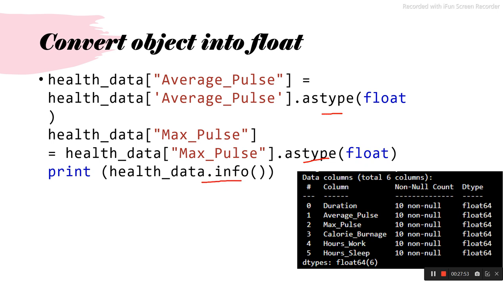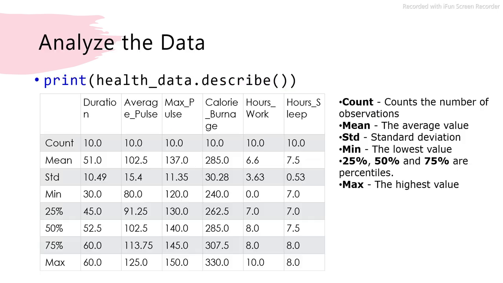Again I am giving health data.info, and you are getting the output as average pulse floating and maximum pulse also floating. All data are floating now. So this is how we can convert object types into floating point types.